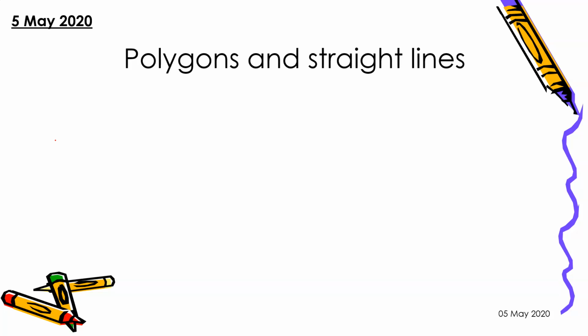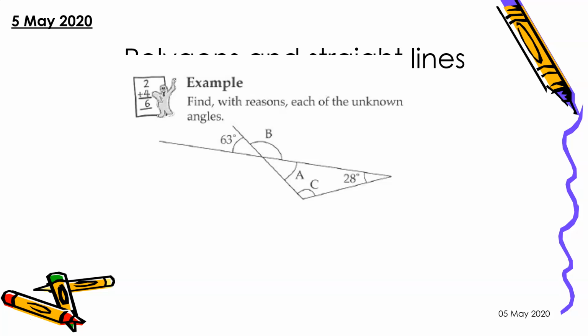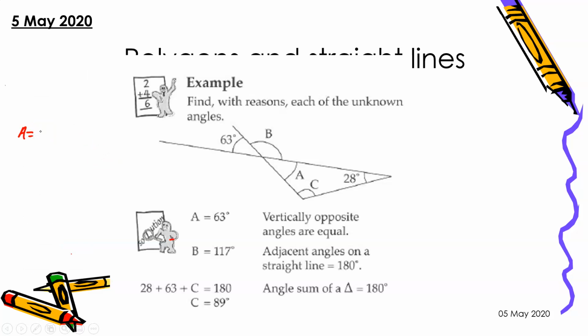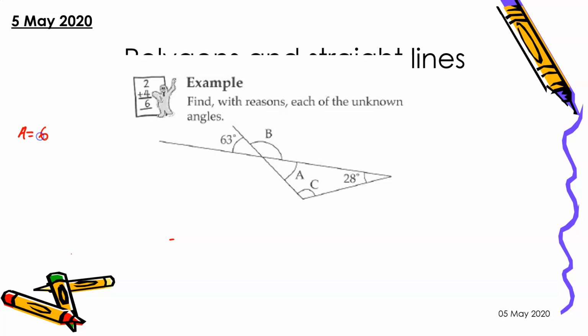So the first question we're going to look at is polygons and straight lines. And this is kind of like a question that we looked at before, in that we have a number of angles we need to work out, and then we need to come up with reasons. So first of all, A, we should be able to work out is equal to 63 degrees, and that's because it's vertically opposite angles.